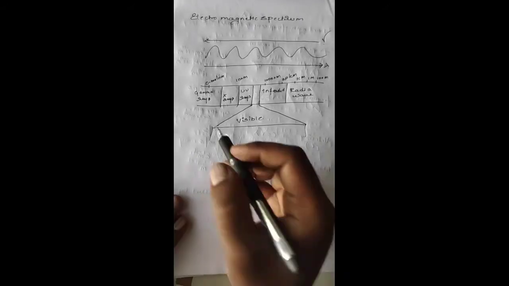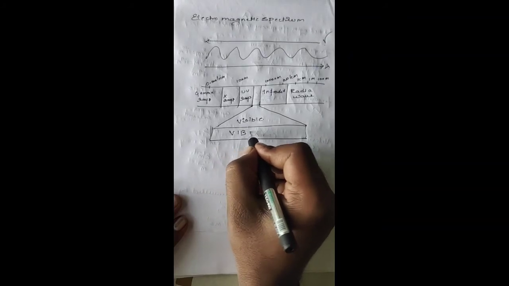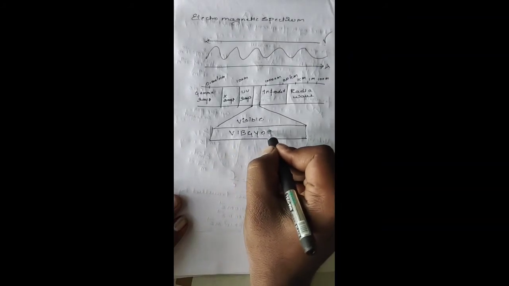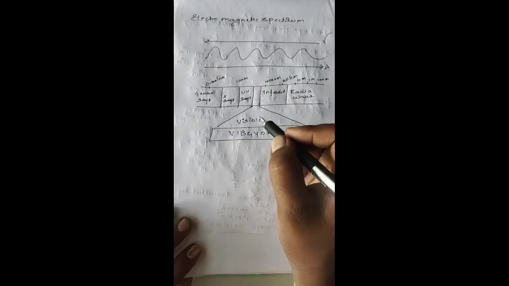No, I am not talking about the sheets, I am talking about the radiations. In visible we can see VIBGYOR. Already you know that. It is 700 nanometers; only the visible range we can see.